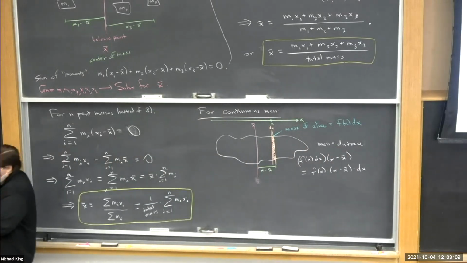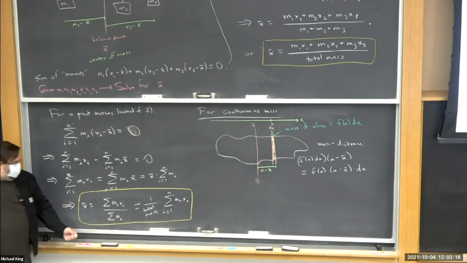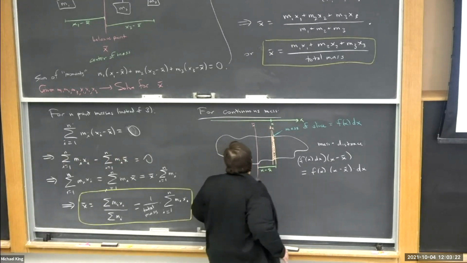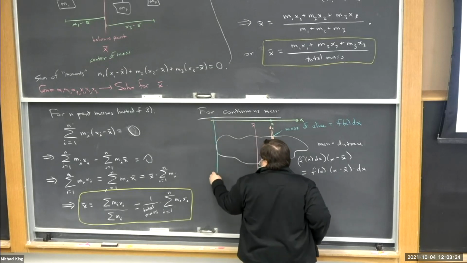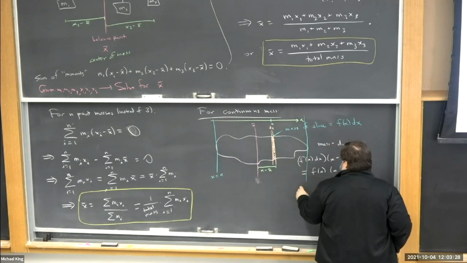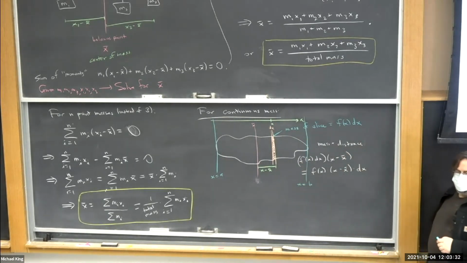Because it's continuous now, we're going to integrate instead of sum. And if you look at the bottom of page 1 of the handout, you'll see, I should draw in here also the boundaries. The leftmost piece is x equals a, and the rightmost piece is x equals b.